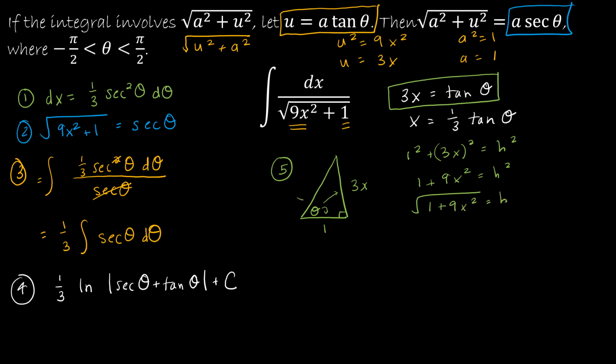And I can write that in either order, as we said before, 9x squared plus 1. I'm just going to do that because it's the order that it was written in to begin with. So that's step 5. And then step 6 is to replace. So my answer is 1/3 natural log. Now, secant of theta is 1 over cosine.